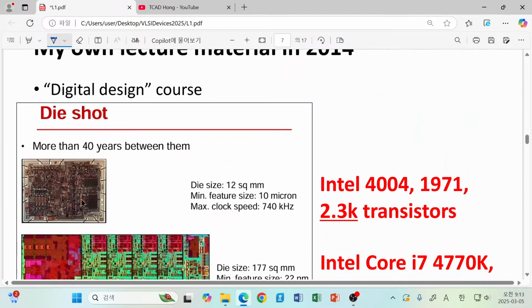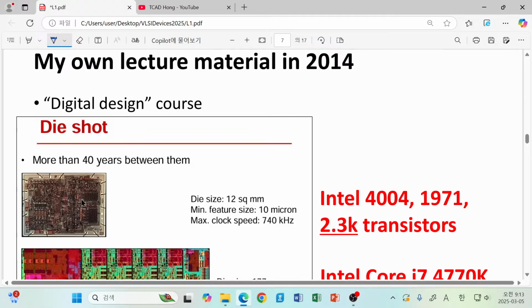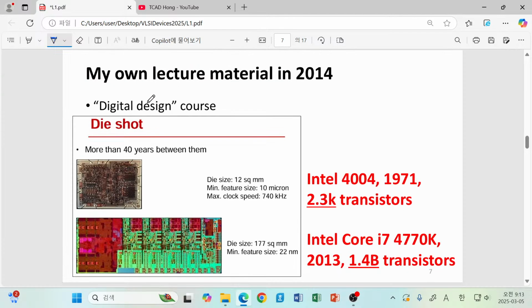Okay, so let's come back to my own lecture material. Let me scale down and go to my own lecture material from 11 years ago. At that time, I took the course called digital design. Maybe some of you already attended that course, and it shows how to design a basic logic circuit.